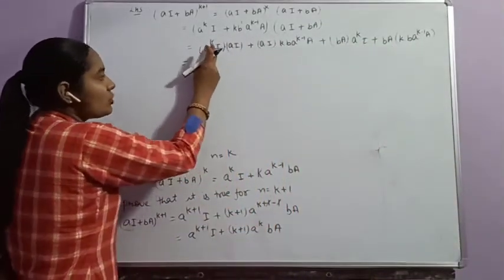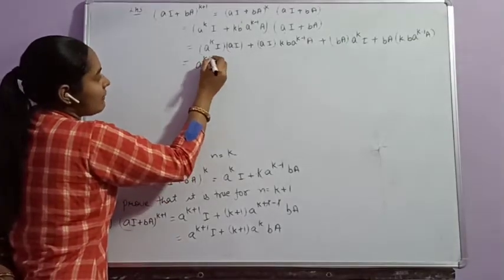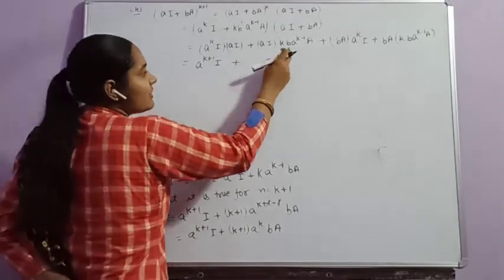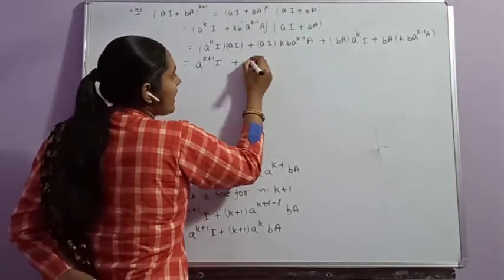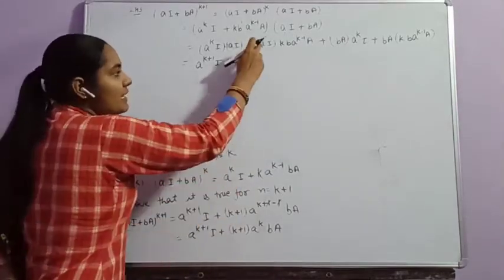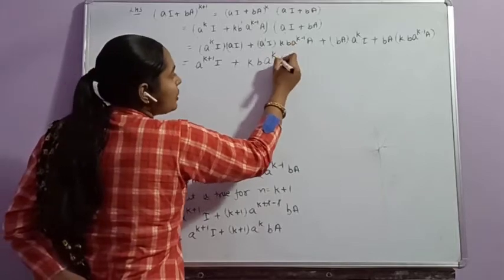That is a raised to the power k into a, which will become a raised to the power k plus 1 into I plus. If we solve it, then it will be k b a raised to the power k minus 1 plus 1, that is a raised to the power k into A.